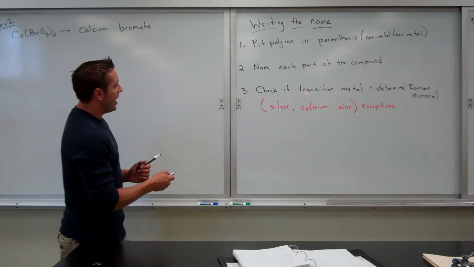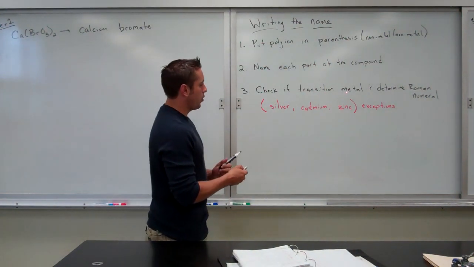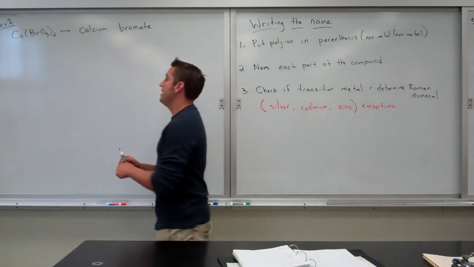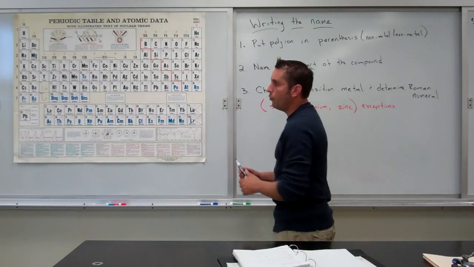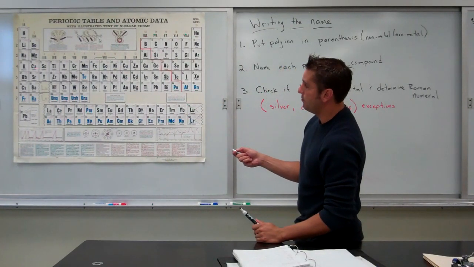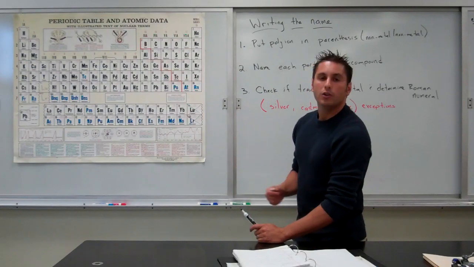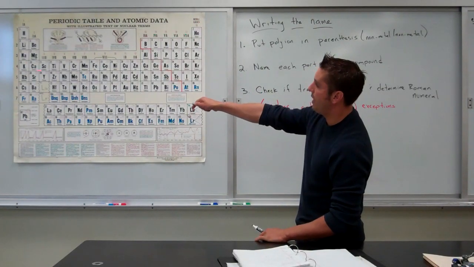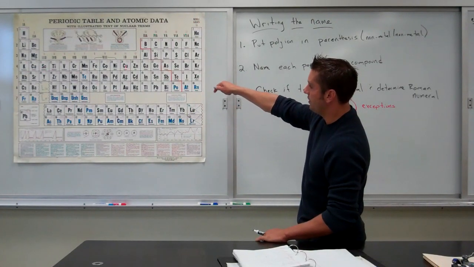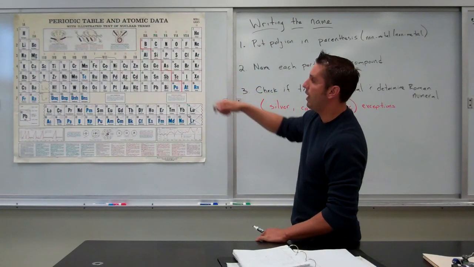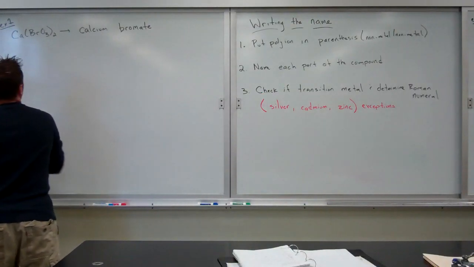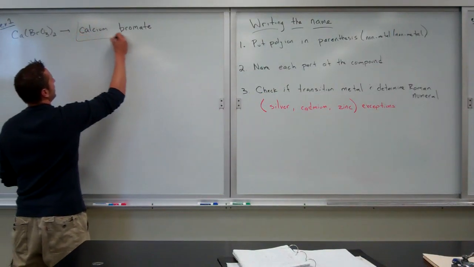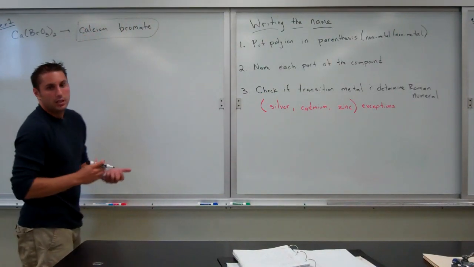Step 3, check if the metal you wrote was a transition metal, and if it is, determine the Roman numeral. So you take a look at your periodic table. Our metal was calcium. It's in group 2. Group 2 is not a transition metal. Remember, it's the middle section, the d-block, groups 3 to 12. So because calcium is not a transition metal, we're done. Calcium bromate is correctly named.